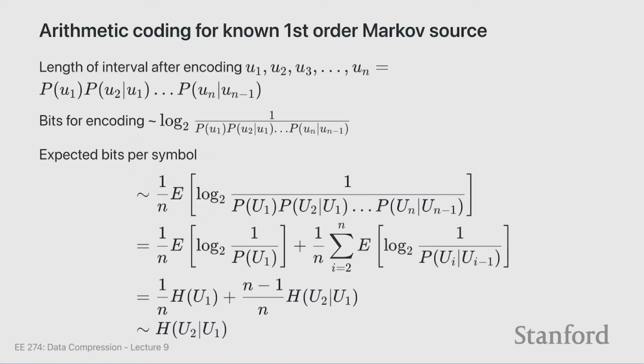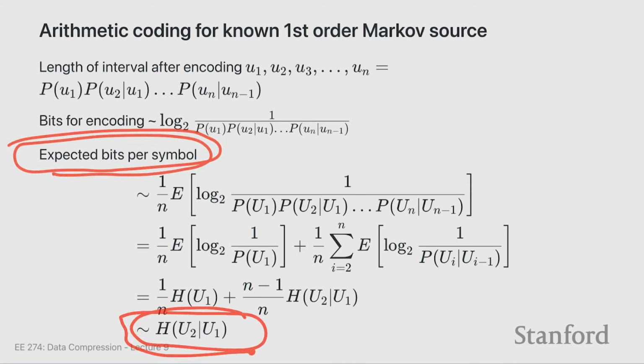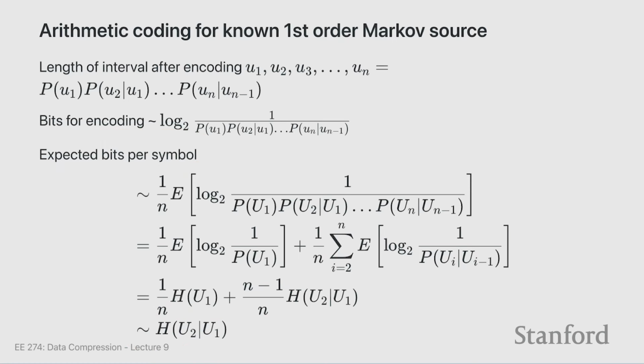And then you can do the math, which I won't spend too much time on, but what you get at the end of the day is that the expected bits per symbol is equal to the conditional entropy, which is the entropy rate in this case. Maybe I'll spend a little time. You remember that the length of the interval for arithmetic coding was a product of the probabilities. In this case, you need to take the conditional probabilities at every step, because that's how we split the intervals.